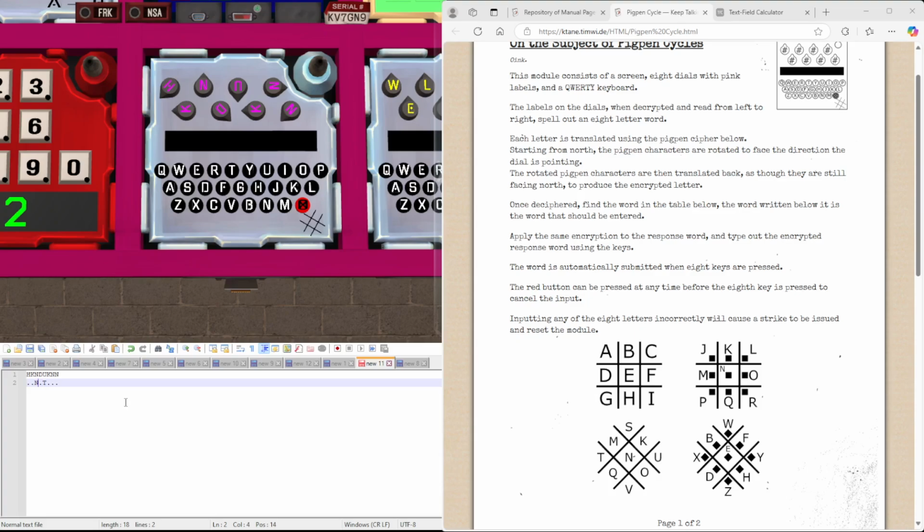So M. K to be pointing that way. So we need to go counterclockwise. So O. Is it kind of looking like a word? G to be pointing. We need to rotate it 180 and then go back the other way.